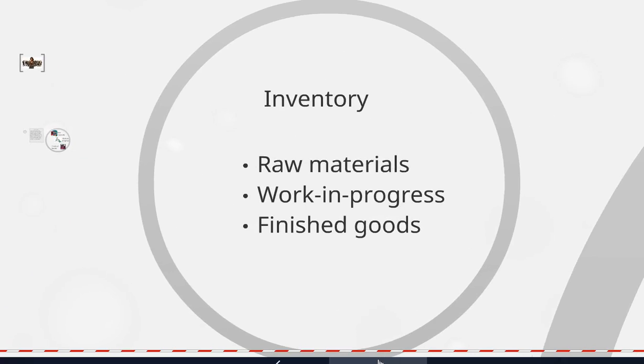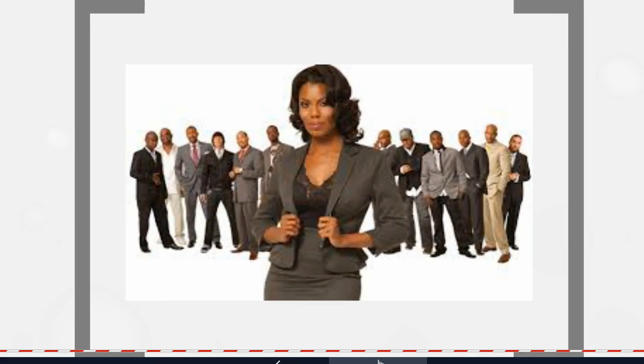Now let's look at the third type of current asset, namely inventory. There are 3 types of inventory: raw materials, work in progress, and finished goods. Let me give you an example to explain what these words mean. If Barbara sells customized tailored clothes, she's likely to have 3 types of inventory.